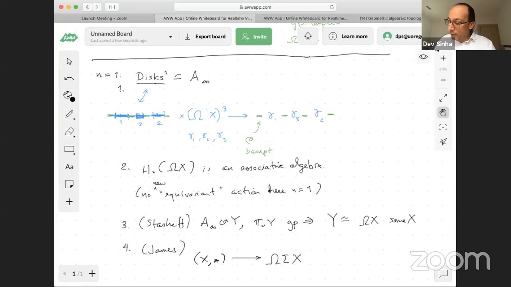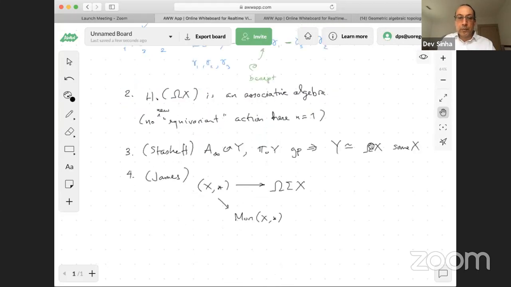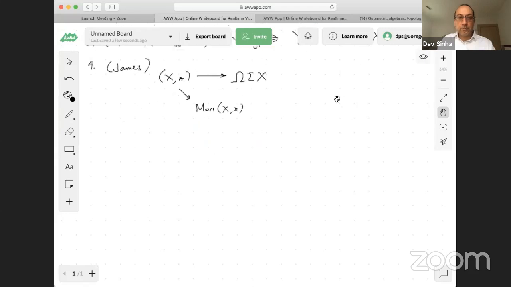But because of that, there's an extension from x to the free monoid on x, again with this choice of base point. So what do I mean by that free monoid? Well, it's just this union. I'm going to take x, then x cross x, x cubed.